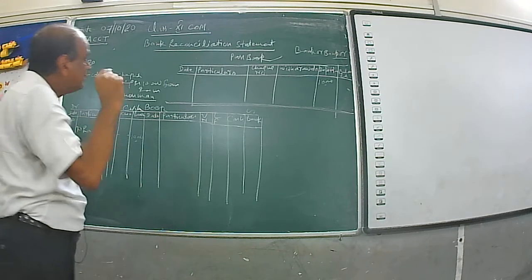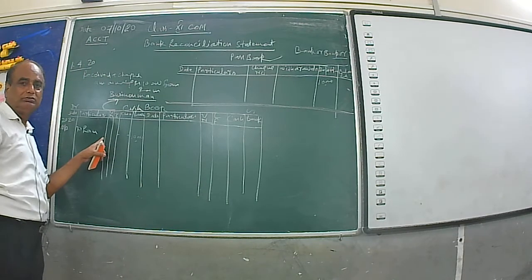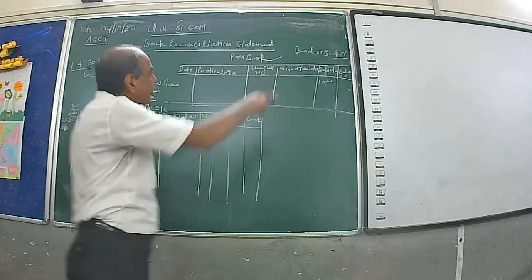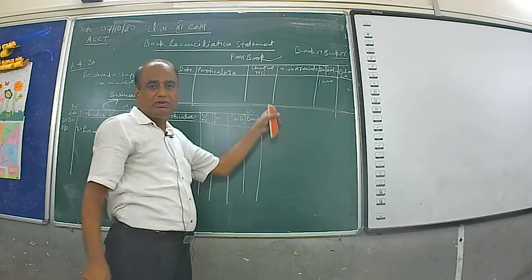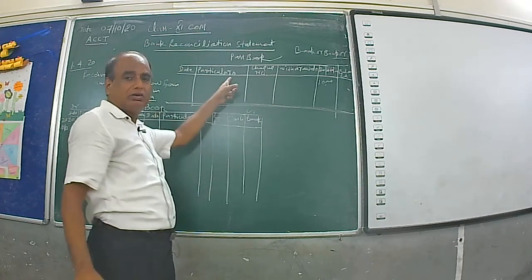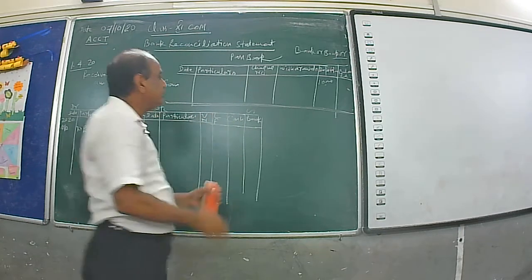But remember, bank cannot make any recording in cash book. Similarly, a businessman cannot make any recording in passbook. One thing I want to tell you is that in place of passbook, bank may send a bank statement.